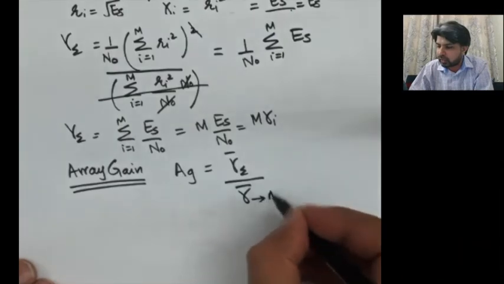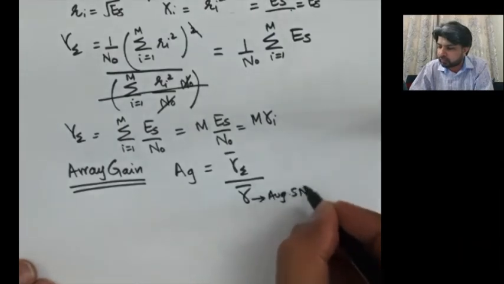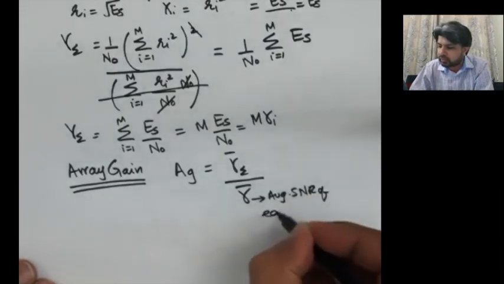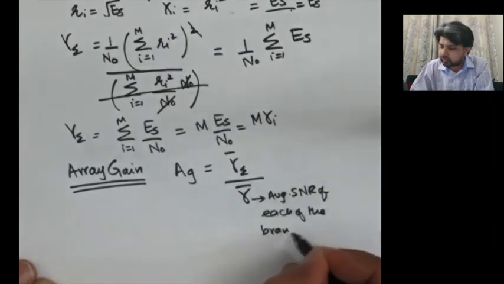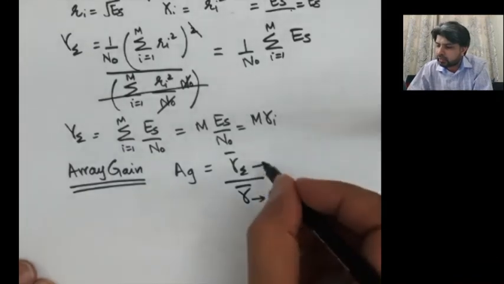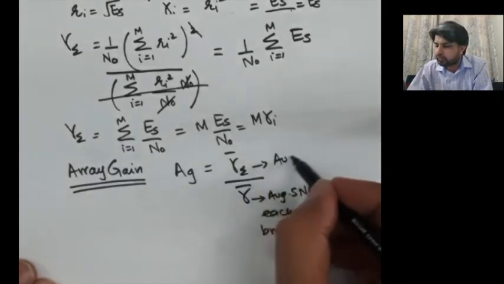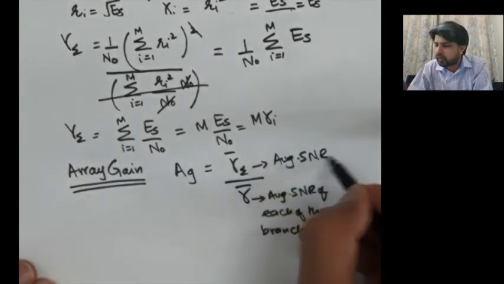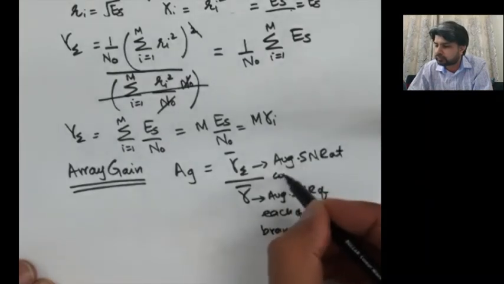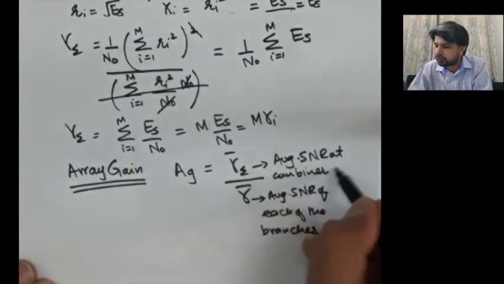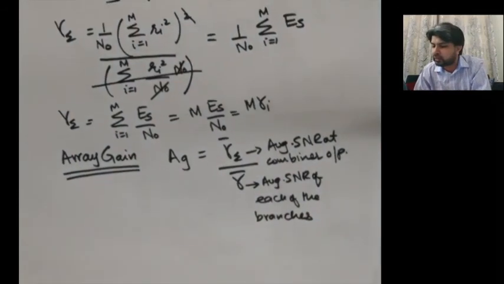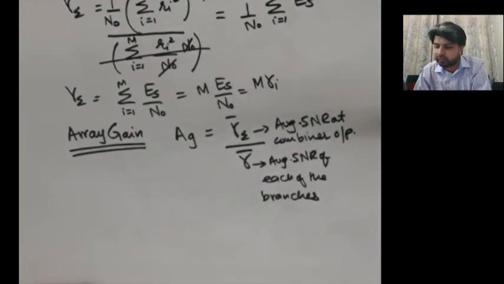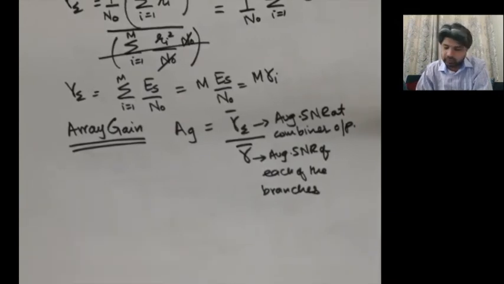So this is the average SNR of each of the branches, and this is your average SNR at the combiner output. So this array gain is the gain in the signal to noise ratio that you get on average.